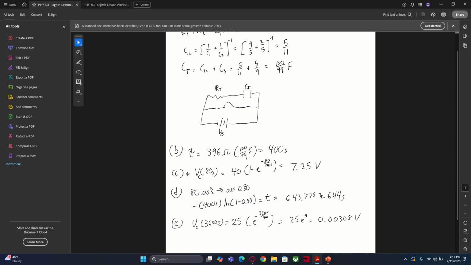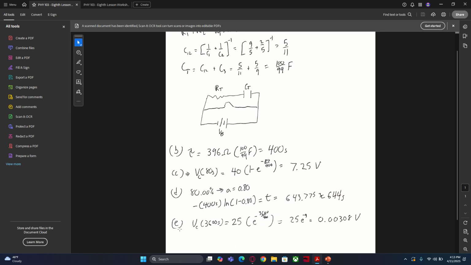That's how we'll get A. So, according to our equation, the time that it takes to charge to a certain percentage is negative the time constant times natural log of 1 minus A. So negative 400 seconds times natural log of 1 minus 0.8. And that will get us about 643.775, so roughly 644 seconds.